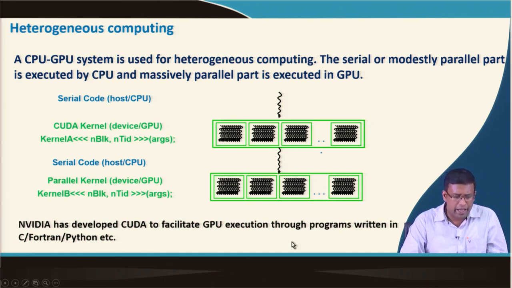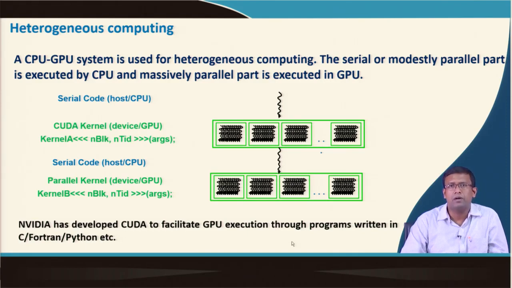So, for that NVIDIA has developed CUDA, which was initially named Compute Unified Device Architecture. Now they do not use this term, they use the name CUDA only for that API, which facilitates GPU execution of programs which are written in common programmer friendly languages like C, Fortran, Python.